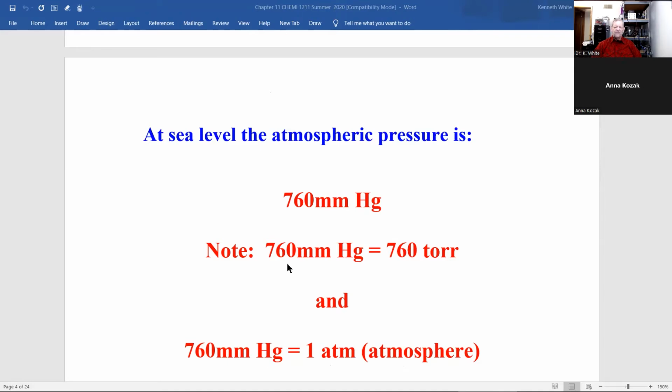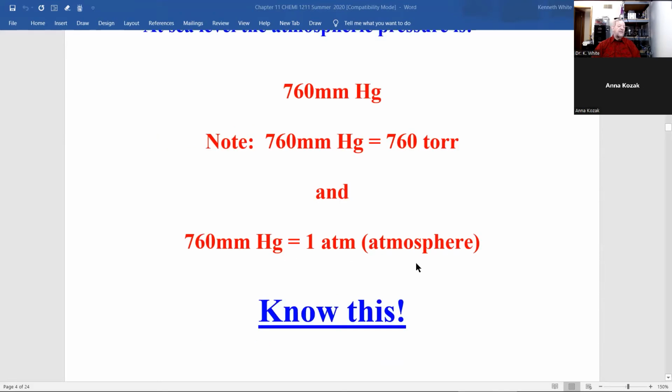And because 1 millimeter of mercury equals 1 torr, atmospheric pressure at sea level is also defined as 760 torr. Now, there's another important unit for pressure, and that's called the atmosphere, abbreviated ATM. And by definition, 1 atmosphere equals 760 millimeters of mercury.